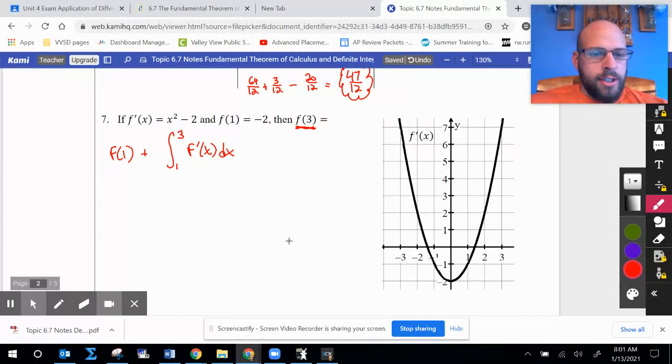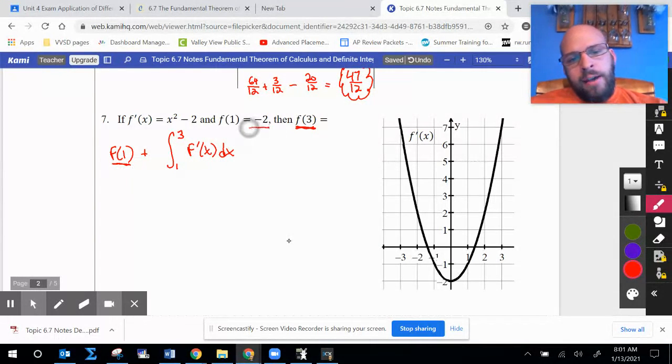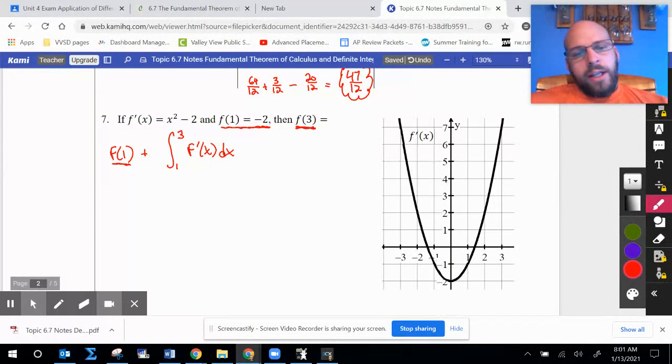Notice this is what I know, right? They gave me this value. So that's where I start. So that's also going to be my lower limit. And then where do I want to find the area to? 3. So I already know f of 1 is -2 plus.